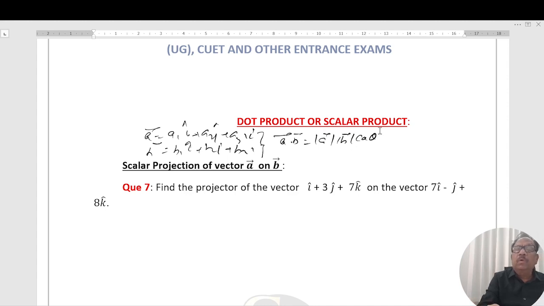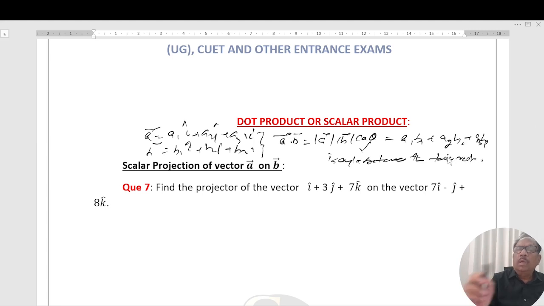Theta is the angle between the two vectors. In terms of Cartesian coordinates, it is a1 b1 plus a2 b2 plus a3 b3.